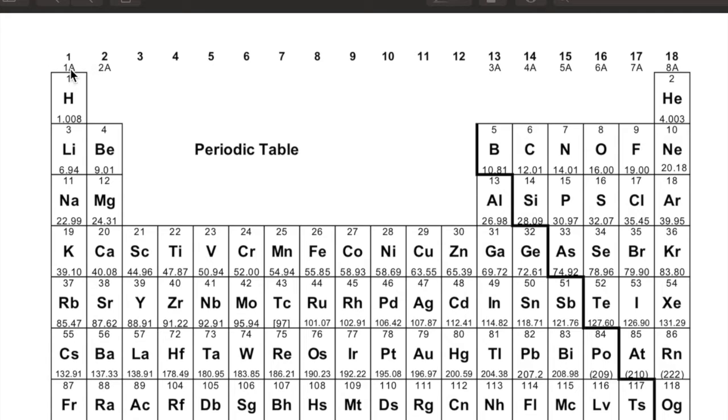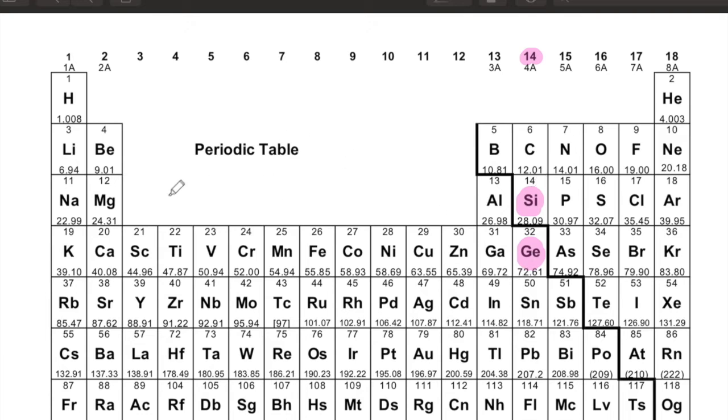There is an old system where we had 1A, 2A, 3A, up to 8A down below here. But we are looking for group 14. And the metalloids in group 14 are silicon and germanium along this staircase here. So these are metalloids, and these would be the two metalloids that are in group 14.